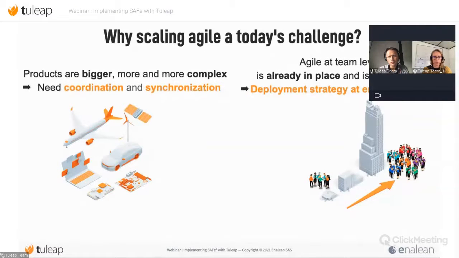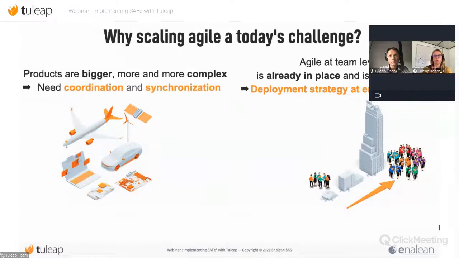Of course, this is true in industry, avionics, automotive, and high-tech, as with many of our customers, but more broadly in all organizations, including public organizations that are developing more complex applications and information systems. As they become larger, they involve more and more teams, and these have to be synchronized. This is the first explanation.